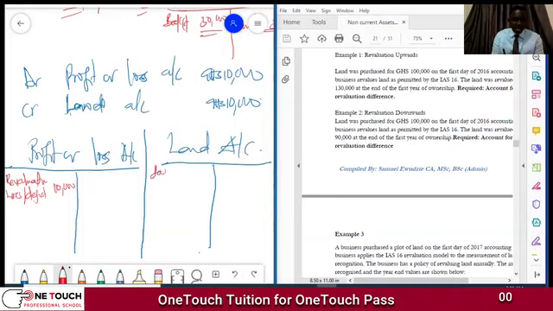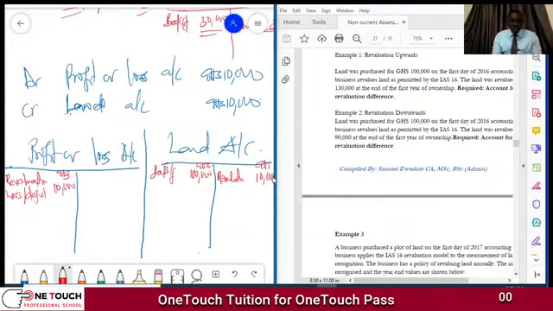Land has a balance brought forward of 100,000. So we credit it in the name of revaluation, of 10,000.